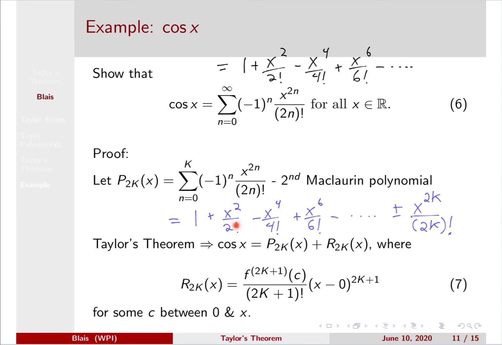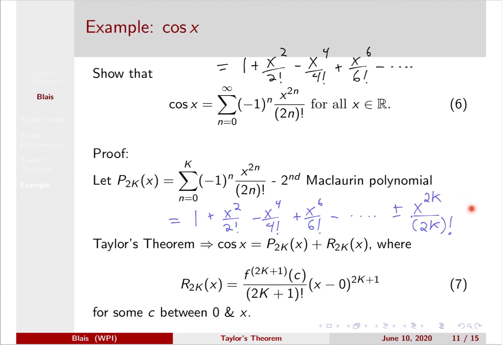When we think of this as our approximation to cosine of x, we cite Taylor's theorem to say that cosine of x is equal to that approximating Taylor polynomial plus the corresponding error term, r2k of x, where r2k of x is of this form. So we see it looks a lot like the first term left out.